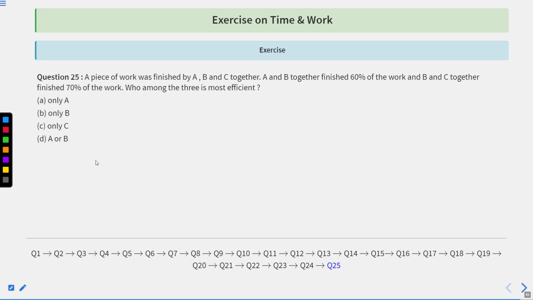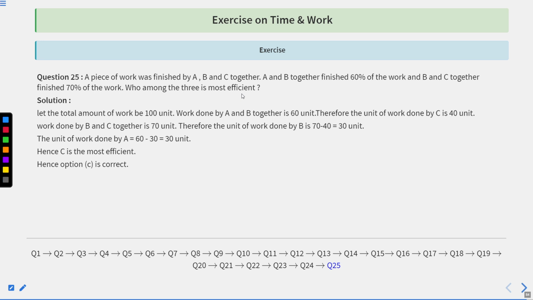Now, question number 25. A piece of work was finished by A, B and C together. A and B together finished 60% of work and B and C together finished 70% of work. Who among the three is most efficient? So let the total amount of work be 100 units.